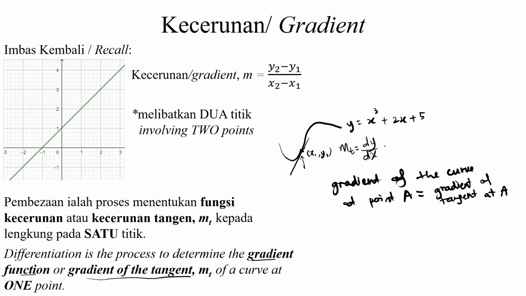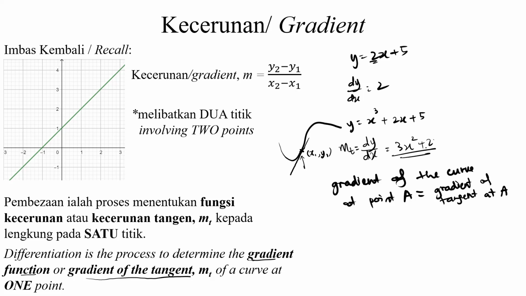So when I differentiate this, I may not get a value. Unlike y equals 2x plus 5, where the gradient is 2. When I do dy/dx, I get the 2, so I have the gradient value. But for this one, the gradient is not a specific value. It is a function. It will be like 3x squared plus 2.